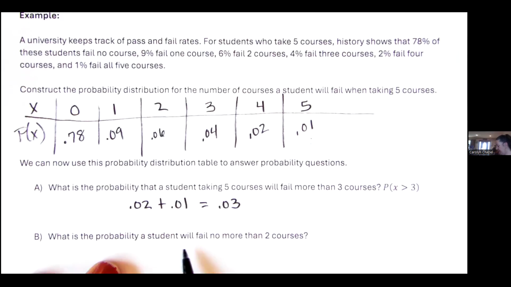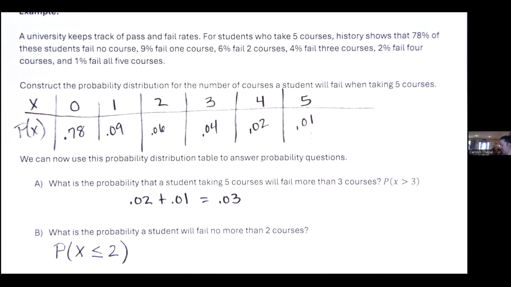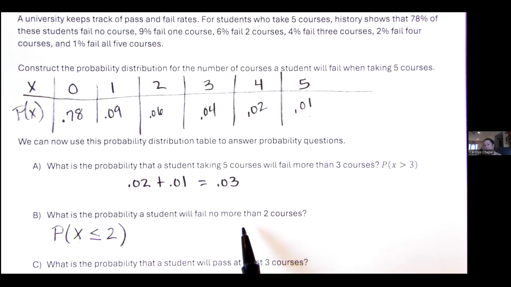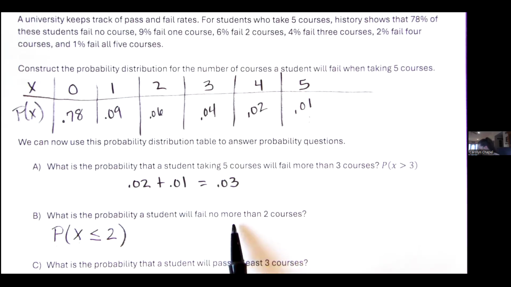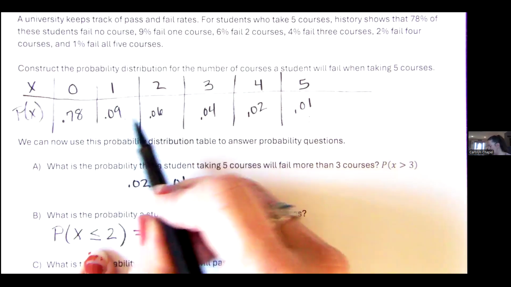What is the probability that a student will fail no more than 2? That would be the probability that X is less than or equal to 2. There are the symbols, the notation we like to use. The P stands for probability, X being our random variable for this situation. No more than 2 courses means 2 or less, so here we're talking about the 0, the 1, and the 2.